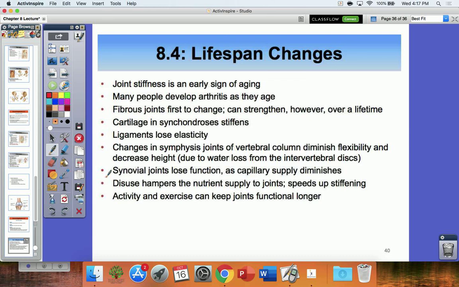We lose the flexibility that we once had, and joints become very, very stiff, and that's one of those that we start to feel a lot earlier than we like, and I'm a witness to that. We start to feel the stiffness of those joints, and that lets us know that we have started to age just a bit.